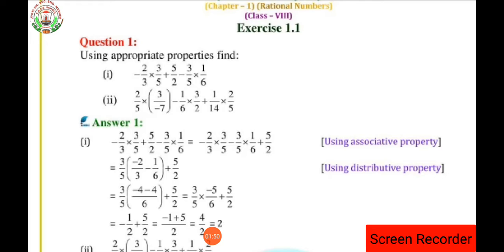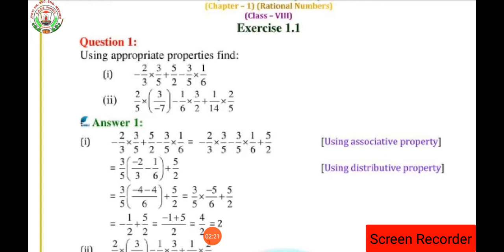Clear, student? Under the rational number, four properties mainly come, that is rational number under addition, subtraction, multiplication, and division, isn't it? So, these four categories will come for the rational number as a property. Under addition, many properties will come, like closure property, associative property, commutative property, additive identity property, isn't it?